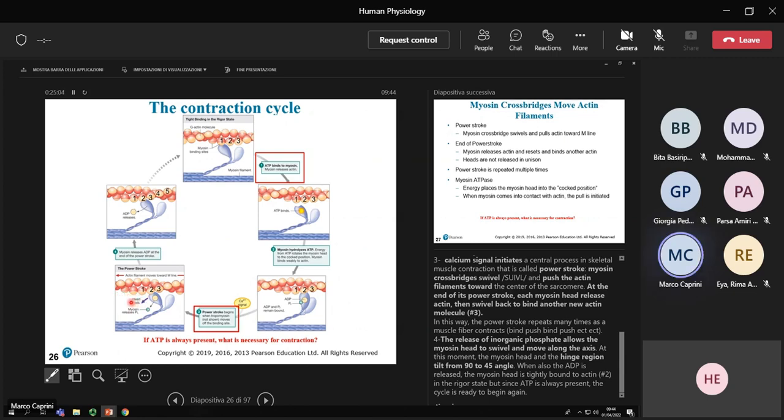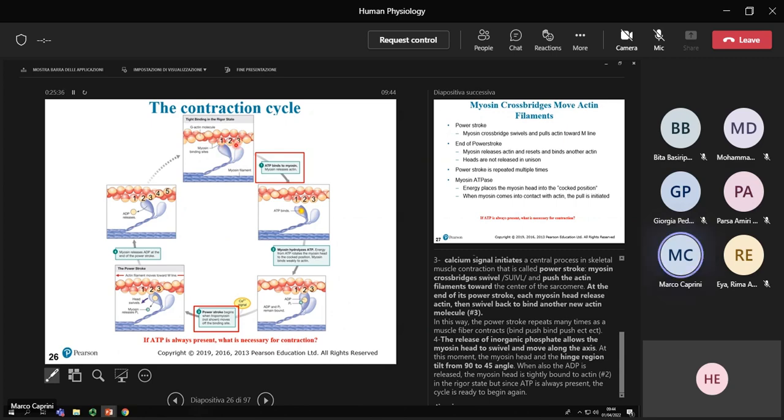At this moment, the myosin head and the hinge region move from 90 to 45 again. And here, 45. The ADP is released, the myosin head is tightly bound to the actin in position 2, and then we return to the rigor state, but in position 2.